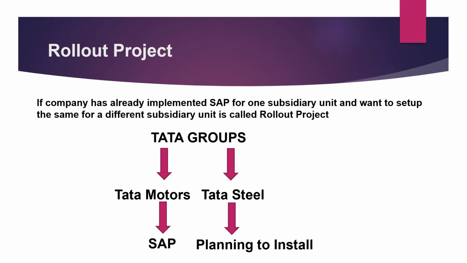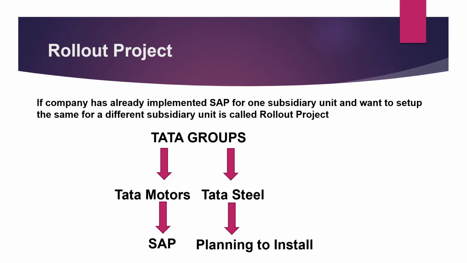As the two subsidiaries have already implemented the SAP system, it won't be that hard for the consultant to enable the business process of Tata Motors, as the base is already created by the subsidiary companies. So this is known as a rollout project, whereby another subsidiary company shifts to the SAP system.